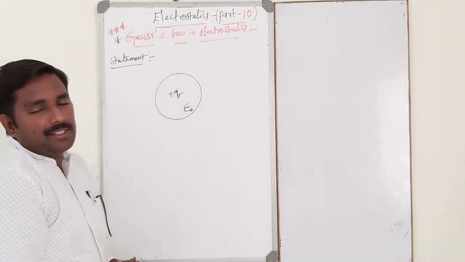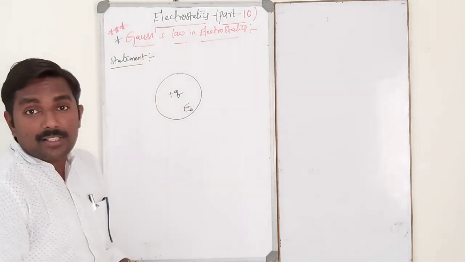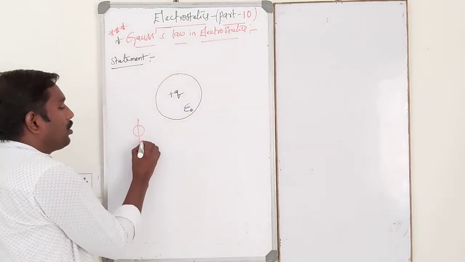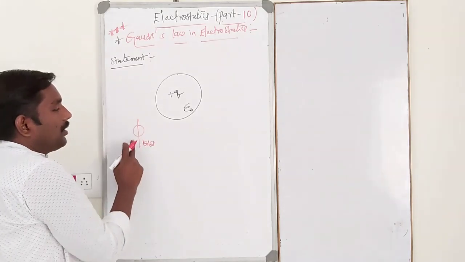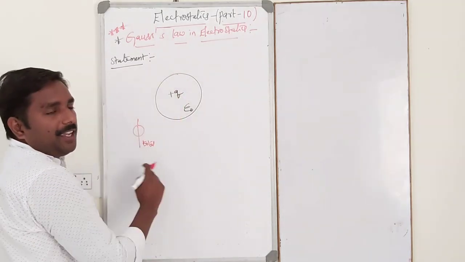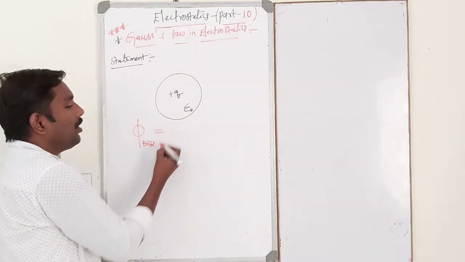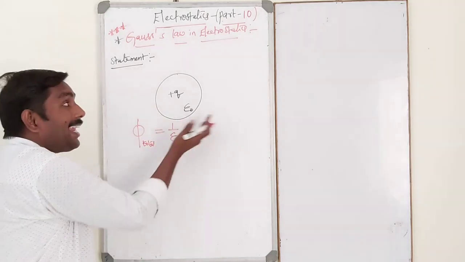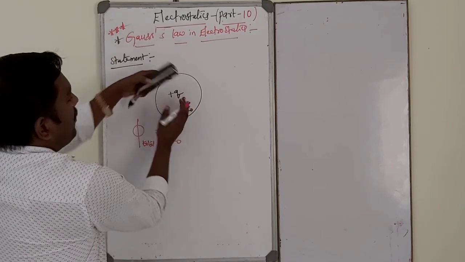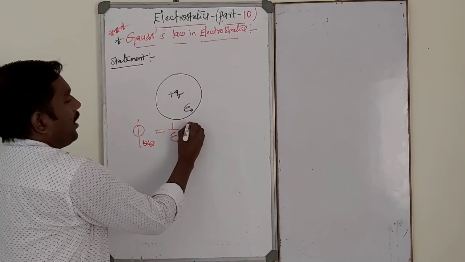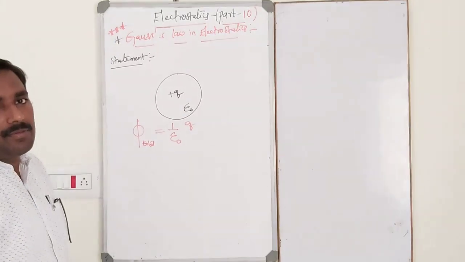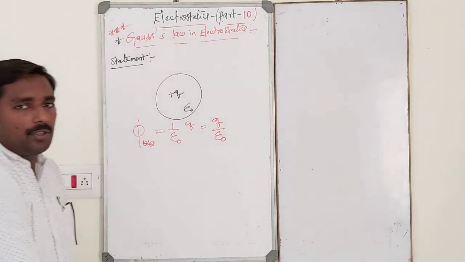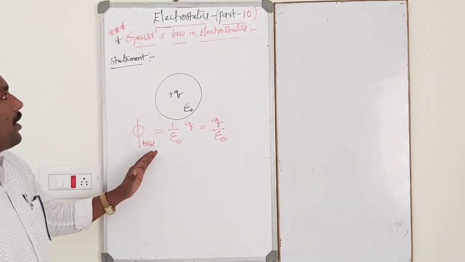According to Gauss law, the total electric flux, phi total, in any closed surface in air or vacuum is equal to 1 by epsilon naught times the total charge enclosed by the surface. This is the most important Gauss theorem statement: Q by epsilon naught.